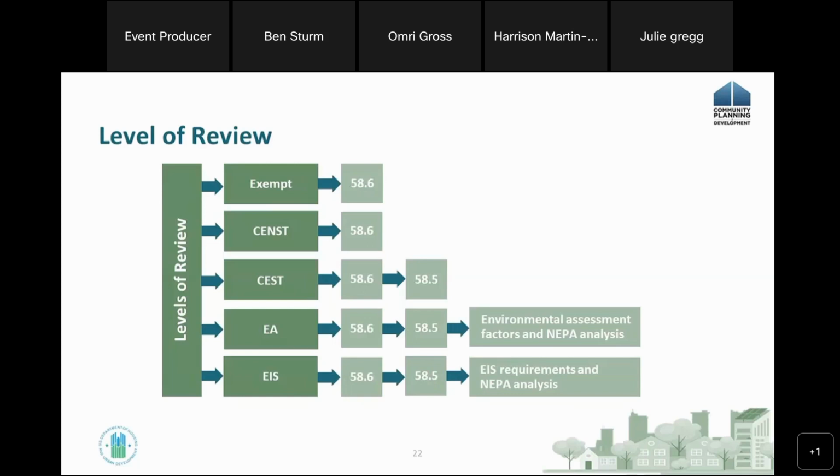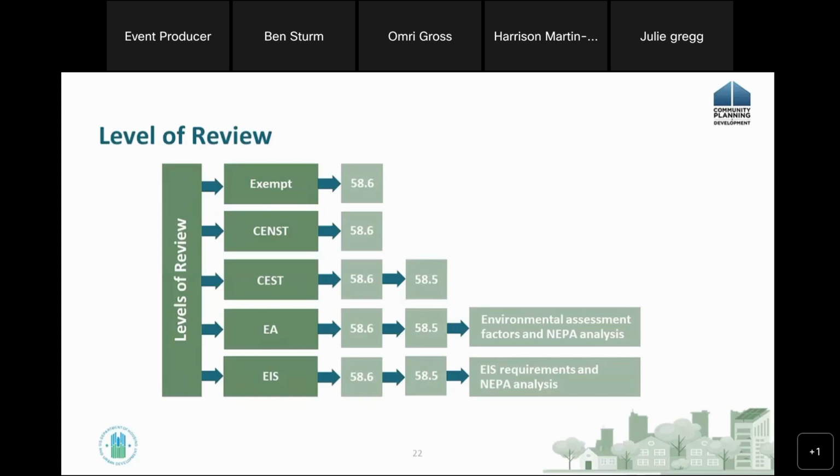The level of review mandates how in-depth your review is. So for example, if a bulldozer is being involved, that's generally going to mean a higher level of review, whereas a project that's just planning, such as just pushing paperwork or services, will usually be a lower level of review.